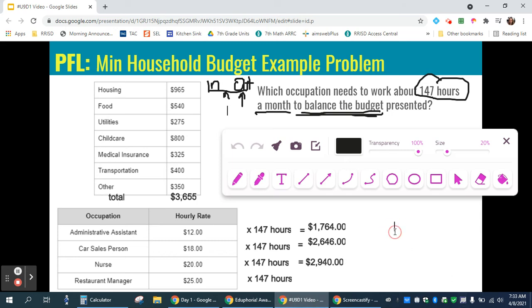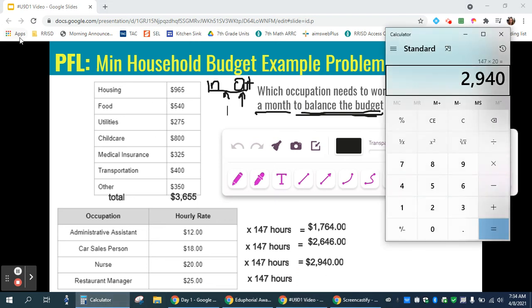Still not quite there. It is expensive. Looking at the bills, the two biggest expenses are housing and childcare, which is pretty realistic here if your child is not in public school yet. So $12 an hour doesn't cut it, 18, 20.